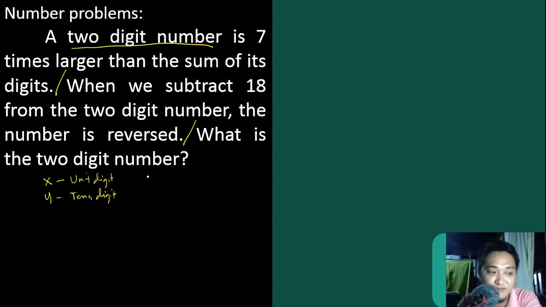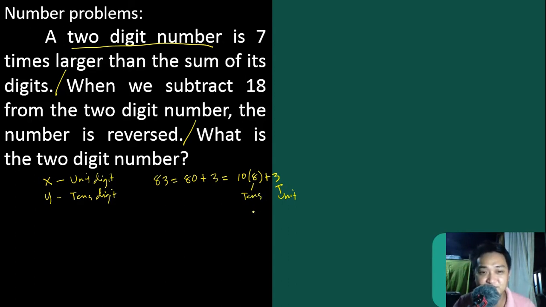So let's say we have a number 83. 83 is the same as 80 plus 3, and that is also the same as 10 times 8 plus 3, wherein 3 here is the unit digit and 8 here is the tens digit.